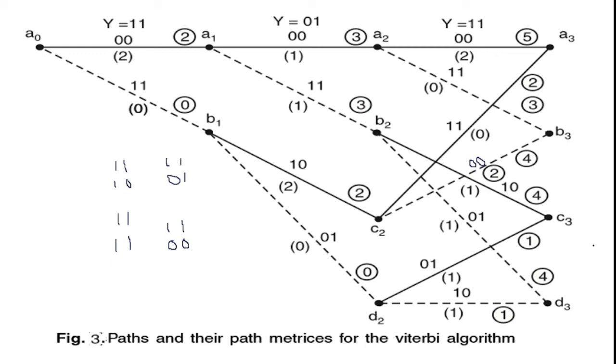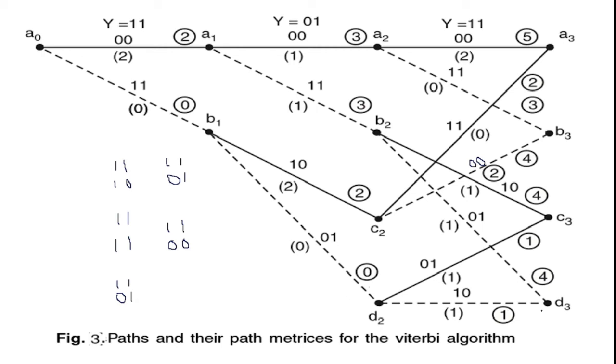So D2 to C3, the encoded signal is 0 1 and the received signal is 1 1. Here only one element differs, so the branch metric is 1.